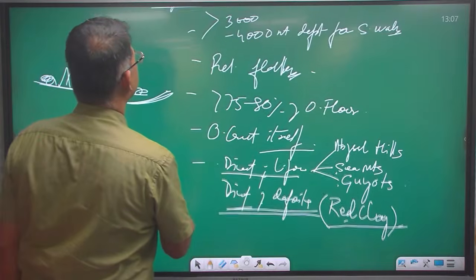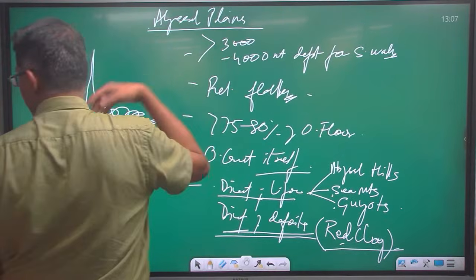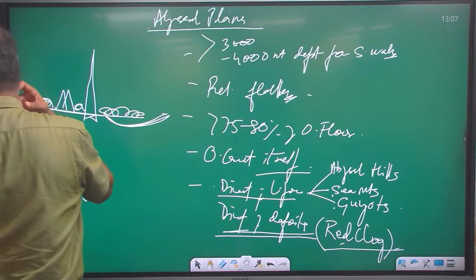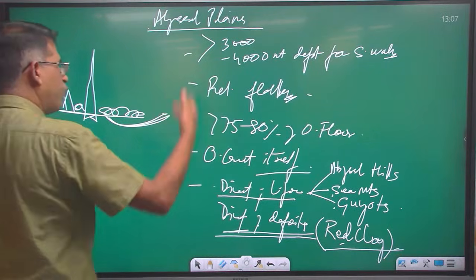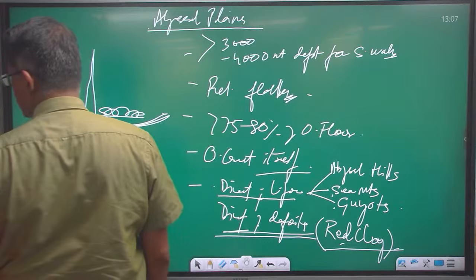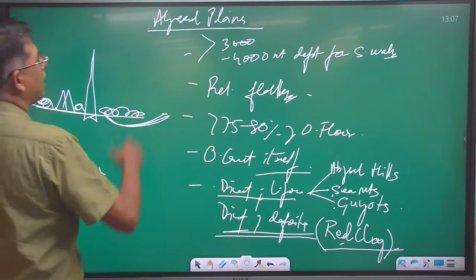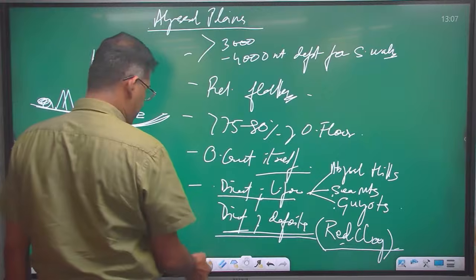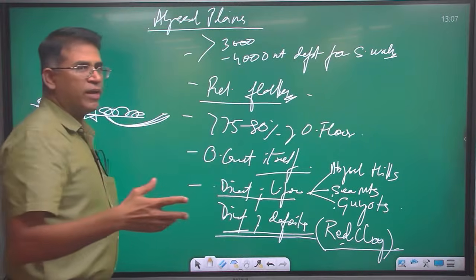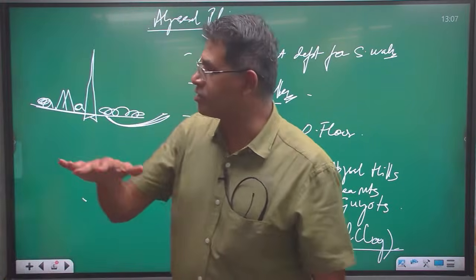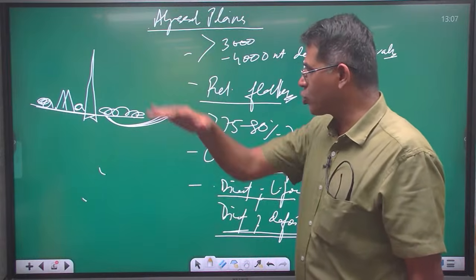I said these are deeps where the depth is more than 3,000, sometimes 4,000 meters from the surface water. These abyssal plains are relatively flatter compared to the differences in the shelf with shoals and banks.